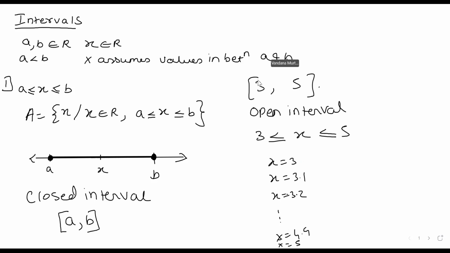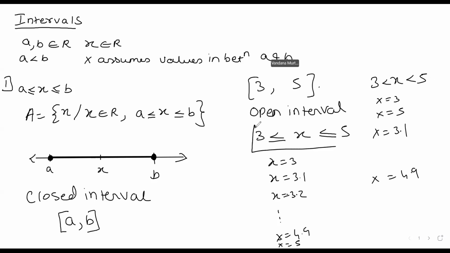Yes, let us differentiate in open and closed interval. Only then you will understand the closed interval. Open interval में क्या था? x जो थी वो वैल्यू 3 और 5 के बीच में थी, लेकिन x कभी भी 3 नहीं था और x कभी भी 5 नहीं था. x की वैल्यू स्टार्ट होती थी 3.1 से और x की वैल्यू खत्म होती थी 4.9 से. x was never becoming equal to 3, x was never becoming equal to 5.